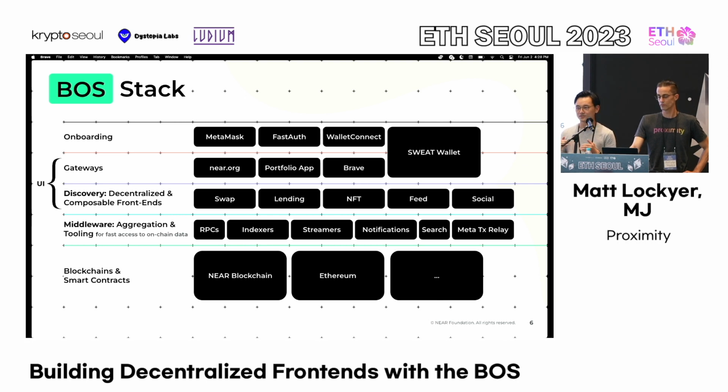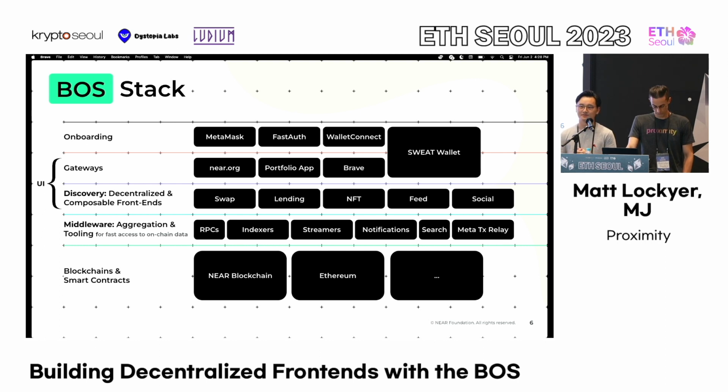Once you have these front-end components deployed on-chain, we need places where users can discover and interact with them. This is where the gateways come into play. Gateways provide access points where users can browse and interact with all the front-end components on BOS. It is extremely easy to run these gateways.